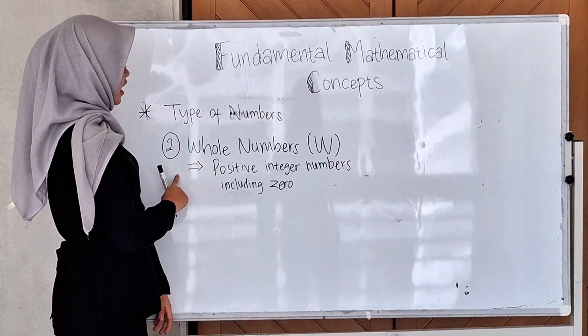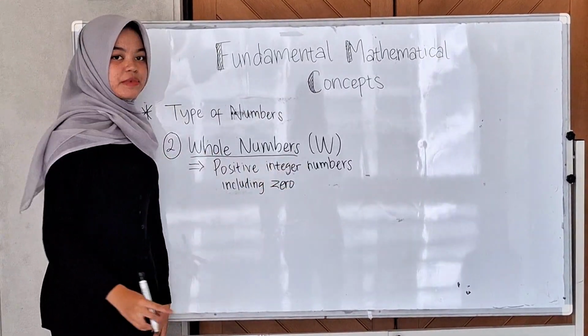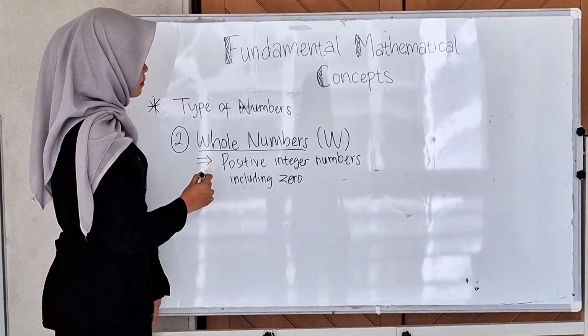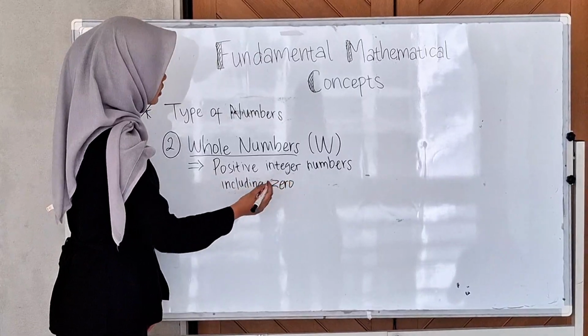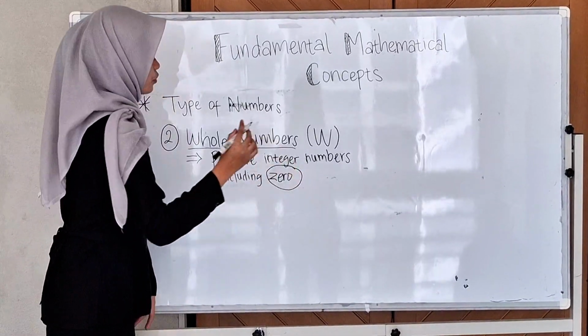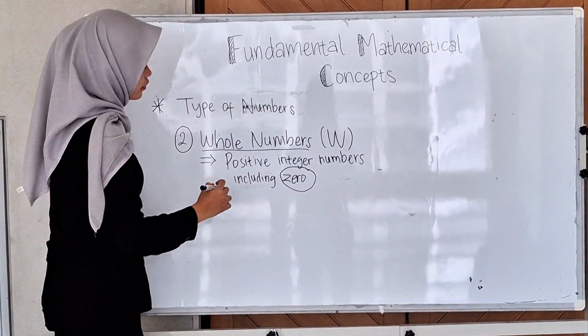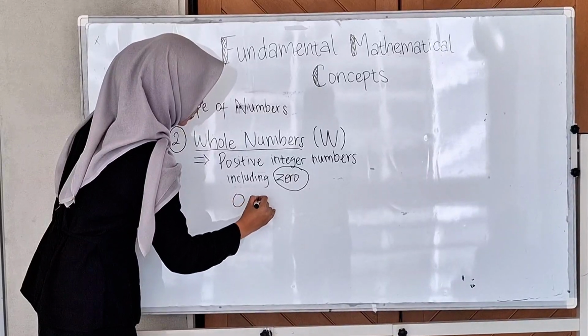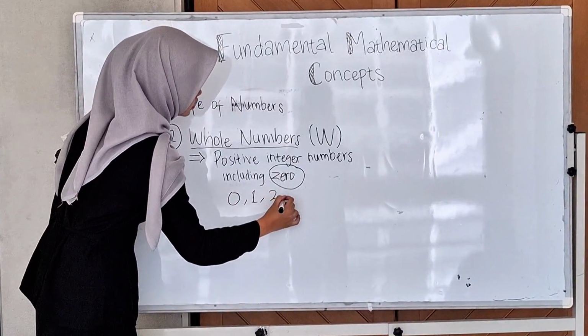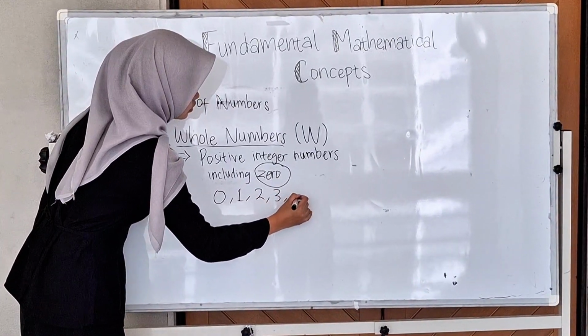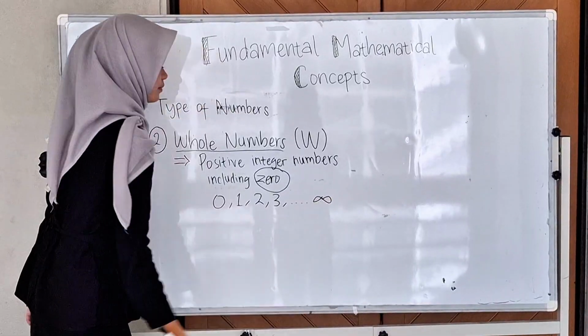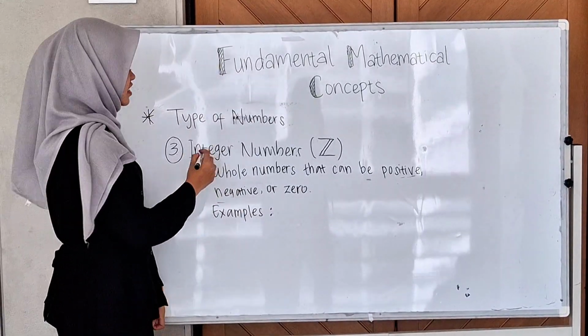Okay. The second one is whole numbers. Similar to natural numbers, whole numbers are any positive integer numbers including 0. So, whole numbers start from 0, 1, 2, 3, and so on until infinity. The third one, integer numbers.